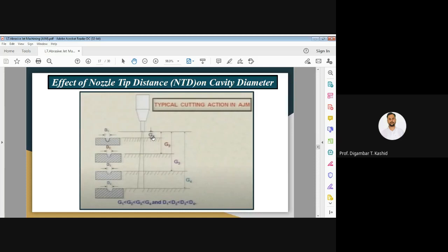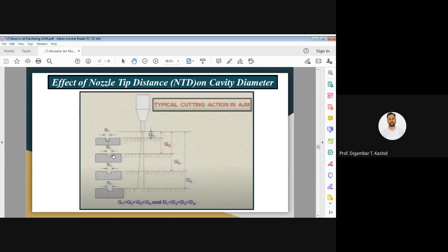Now you can see here the size or the width of the cavity, or the diameter of the cavity, depends upon the cross section of your nozzle. The cross section of the nozzle I have shown by D1. If you increase this nozzle tip distance from G1 to G2, you can see the cavity diameter, that is D2, will be greater than D1.